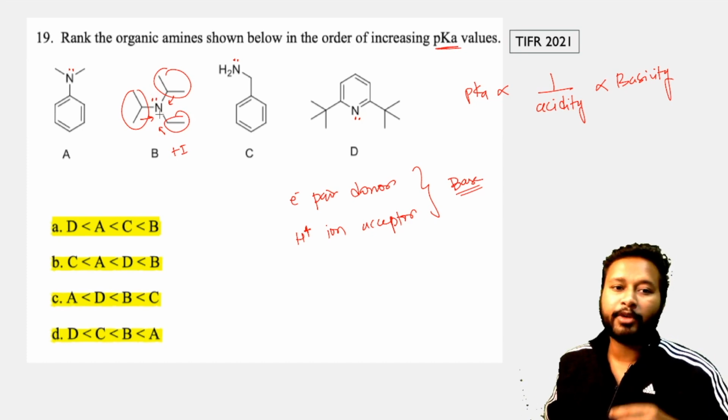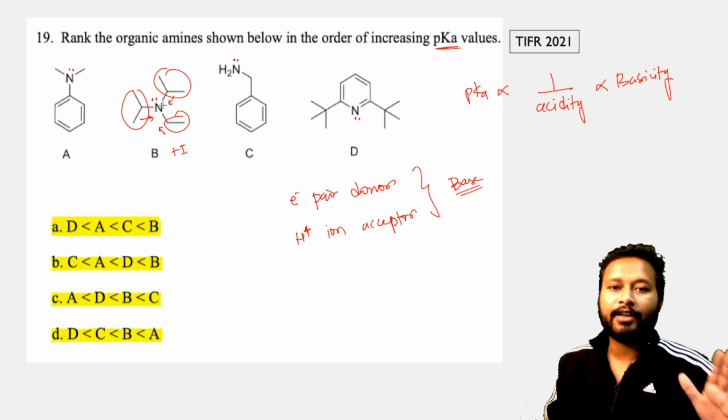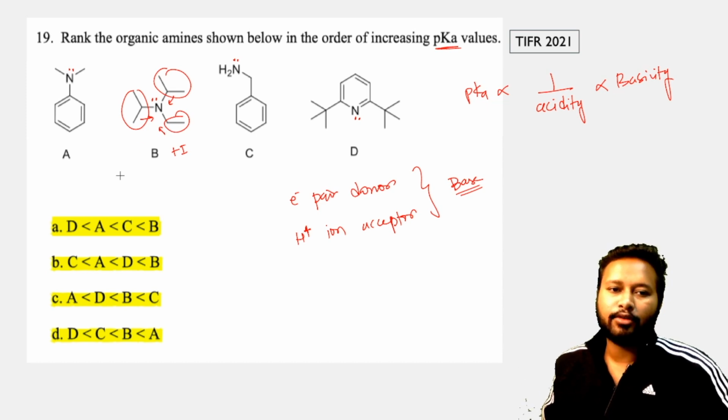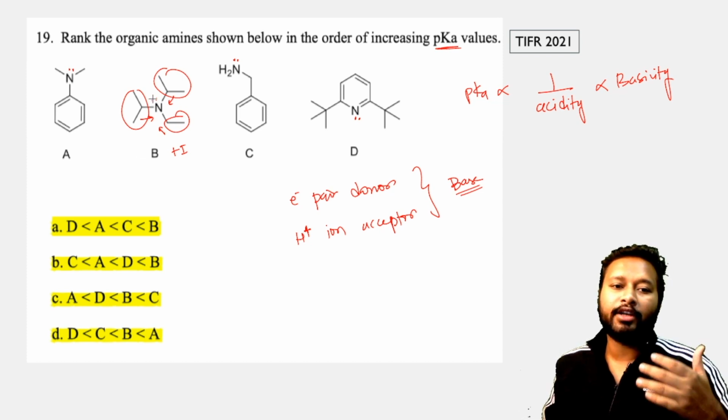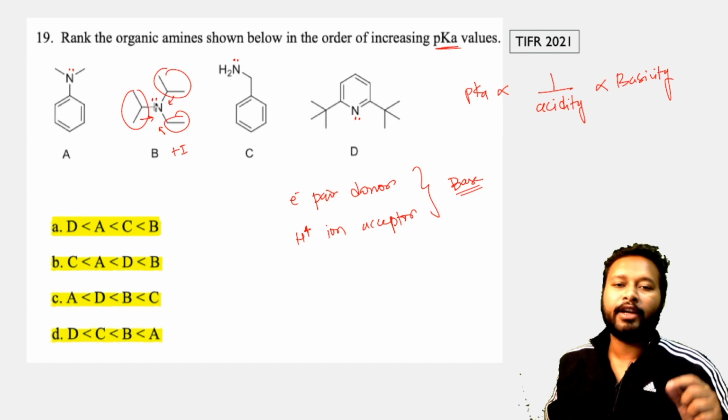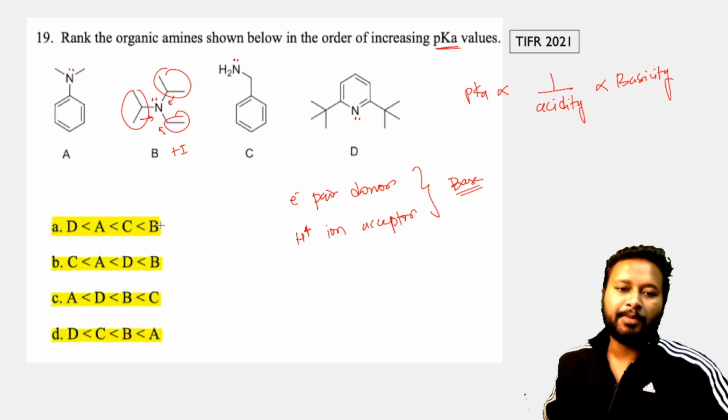After donation of the lone pair, the nitrogen is going to get a plus charge, and that plus charge will be stabilized by all these alkyl groups, right? That is the simple thing which is going to happen over here, which will make B highly basic. So it is very easy for molecule B to donate its lone pair of electrons. So B will be highest.